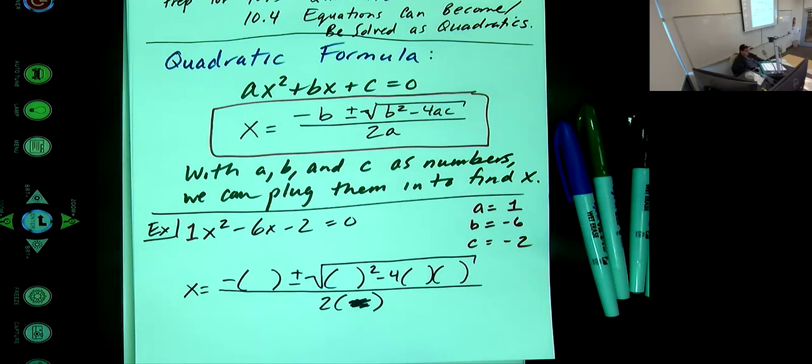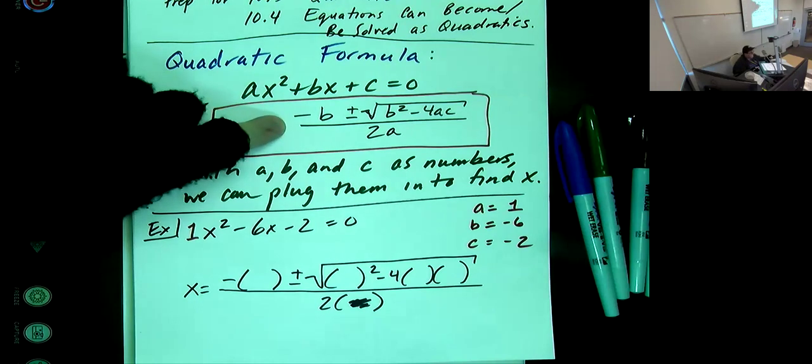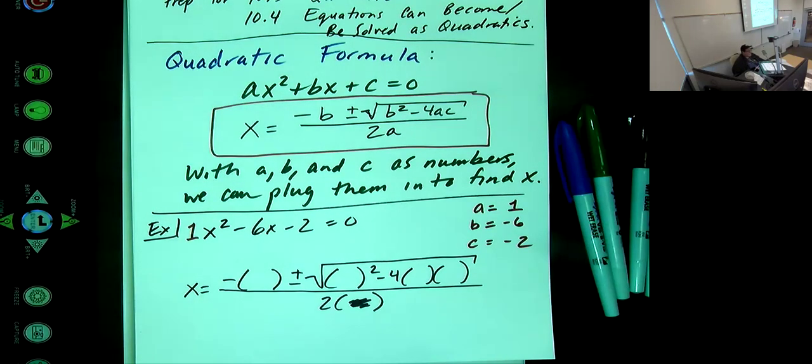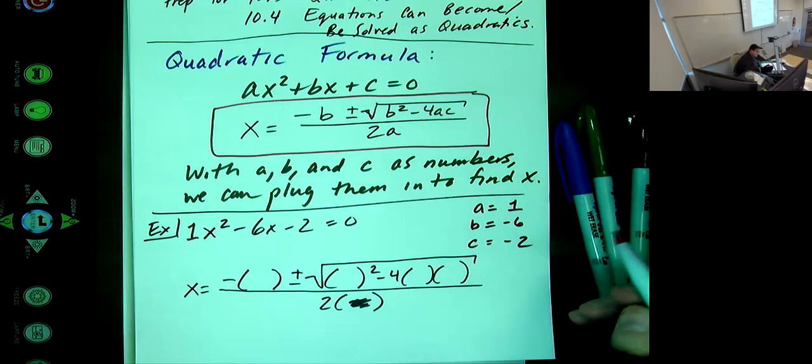Why is there a negative at the very beginning? That is part of the formula. Oh, you're right. Okay, just kidding. You got me, I got tricked. I said you fell for it. Oh, I fell for it.